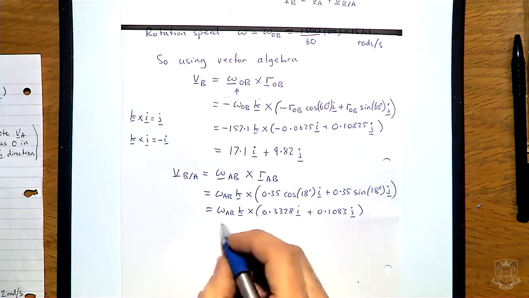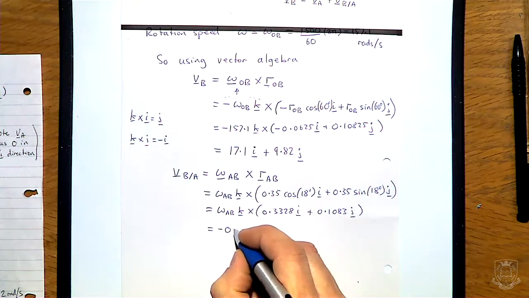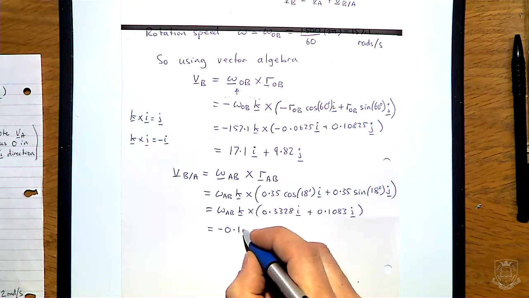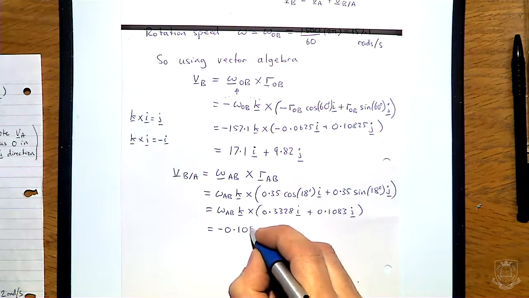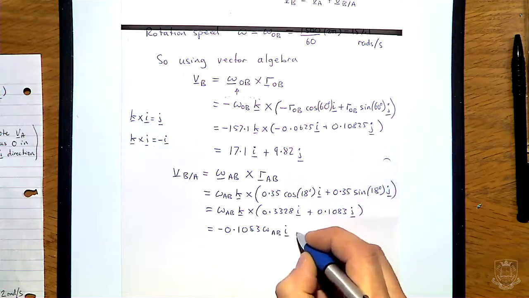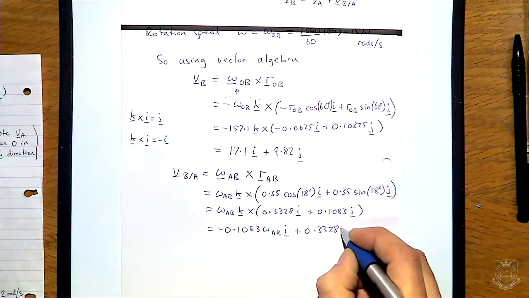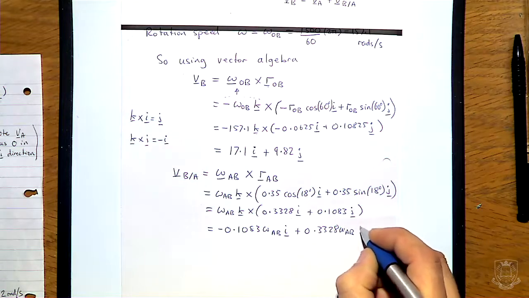And then if I multiply that through again, I get the final amount: minus 0.01083 omega AB in the i direction plus 0.3328 omega AB in the j direction.